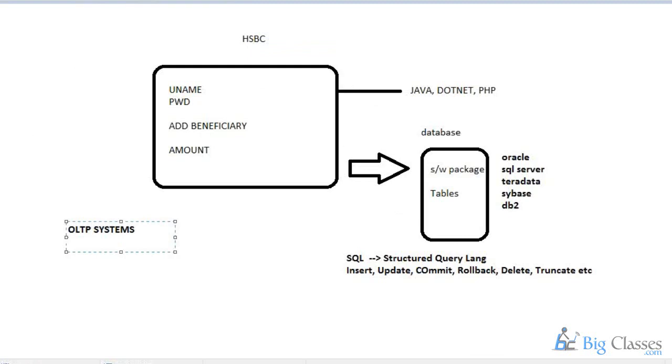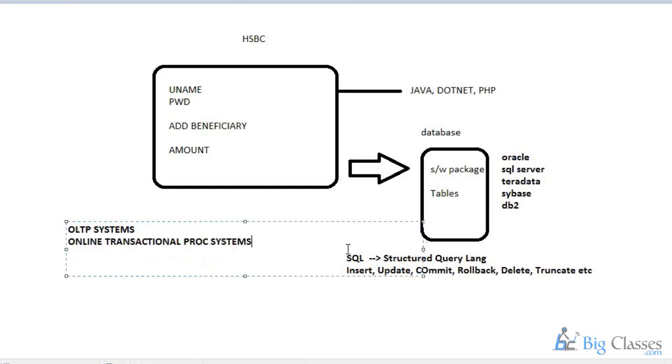The systems which help us to perform the operational transactions are called OLTP systems, which is nothing but Online Transactional Processing system. These OLTP systems are used to store all the operational data.